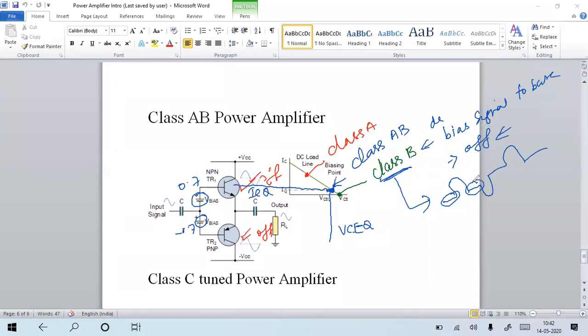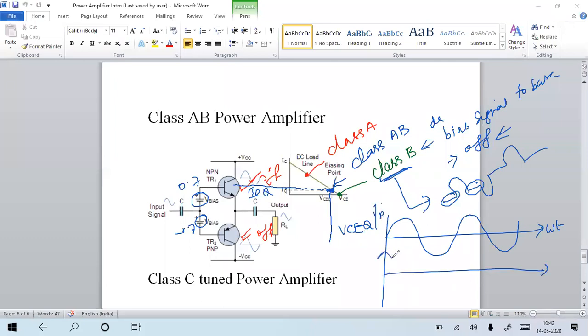As soon as your positive input signal enters, the nature of the signal is like this: input signal with respect to angular frequency. This is the input signal. As soon as the positive signal enters, the output voltage of transistor 1 is like this: negative cycle clipped off, positive cycle on, negative cycle clipped off. So what about transistor 2 with respect to angular frequency?